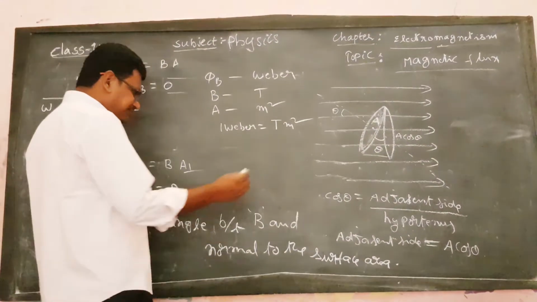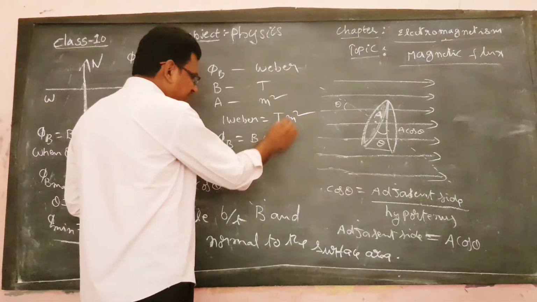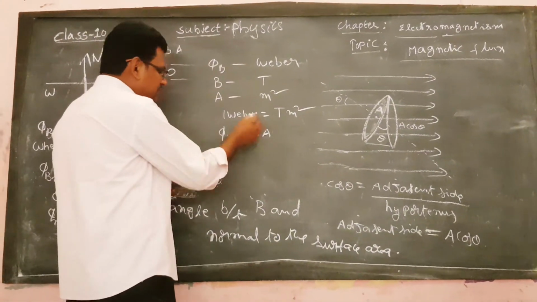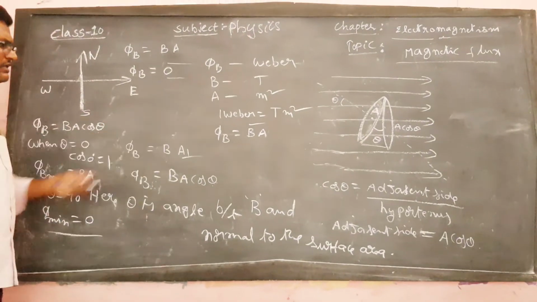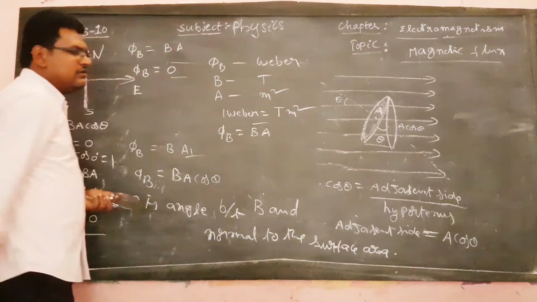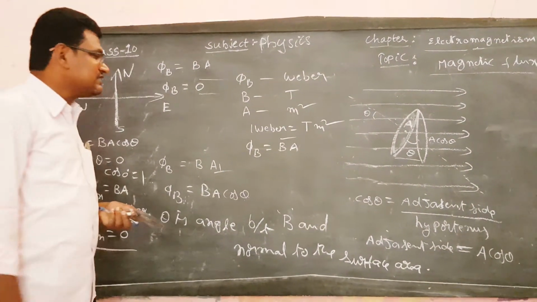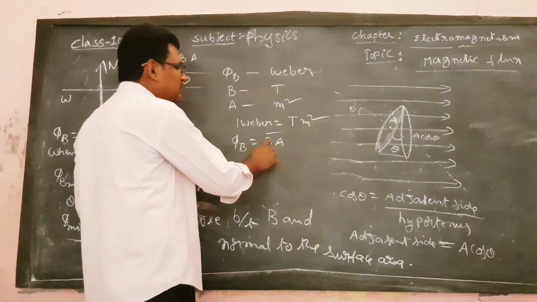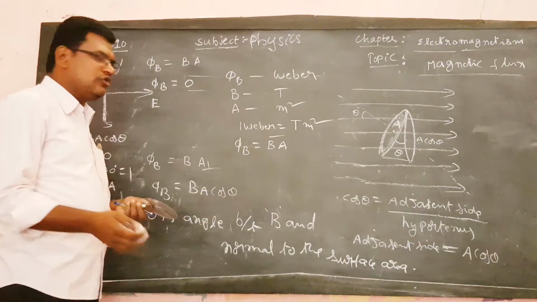Now see here, magnetic flux phi B is equal to BA. Here B is called magnetic flux density, or else magnetic field, no problem.